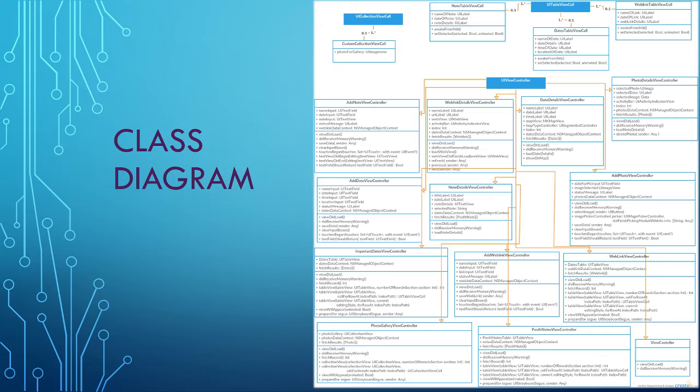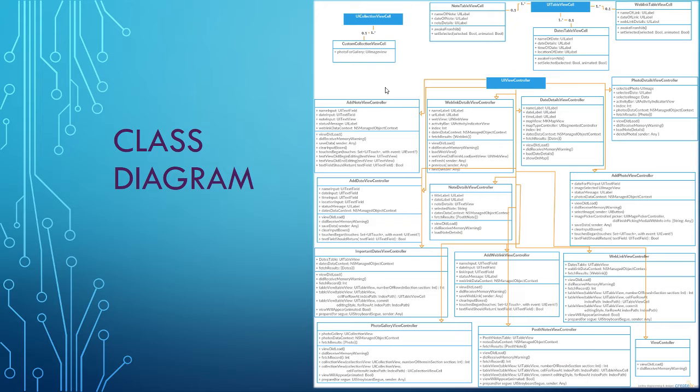They all stored labels that showed the information associated with the selected entry. The note table view cell had a name, a date, and the note details. The date table view cell had the name, date, time, and location of each date that was selected, and the web link table view cell had the name, date, and URL for the selected URL that was saved.